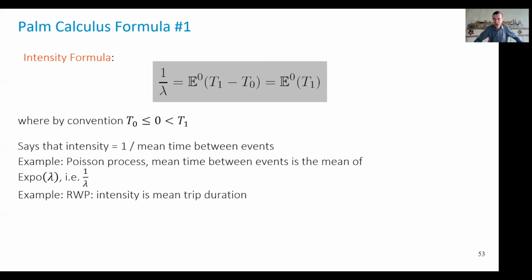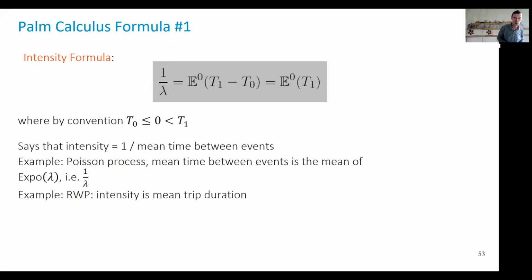We know that the mean of an exponential distribution is 1 over lambda. Therefore, lambda is exactly the intensity here. This is the formula I gave before, and it follows from this Palm calculus formula, which is called the intensity formula.